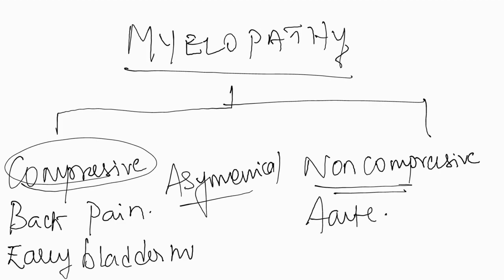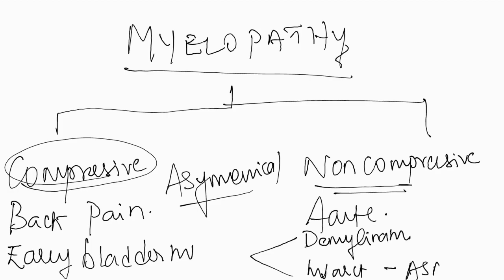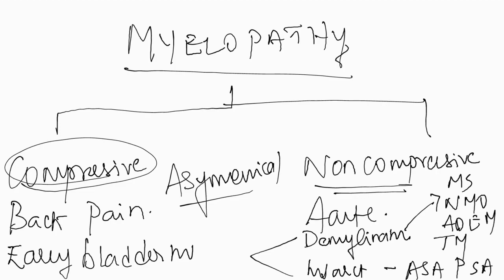Most common causes here for a non-compressive myelopathy can be a demyelinating lesion or an infarct of anterior spinal artery or posterior spinal artery. Demyelination, what are the things that can cause demyelination? It can be your multiple sclerosis, neuromyelitis optica, your ADEM, and your transverse myelitis. All of this can cause non-compressive myelopathy.